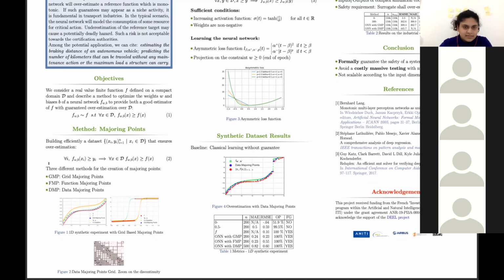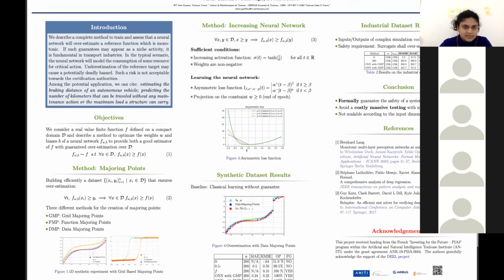We developed several algorithms to do that. We developed a grid measuring point method. We also developed a way with a function. And also, when you do not know the function and only have data, an algorithm that is able to create measuring points from the data. So this is the first step: creating this measuring point data set.